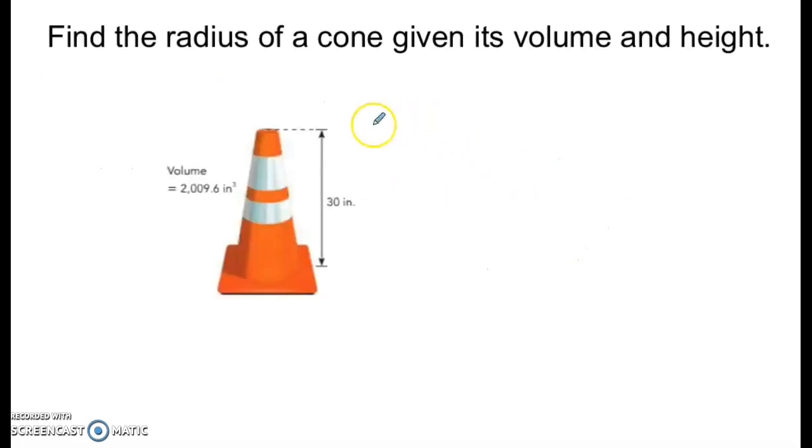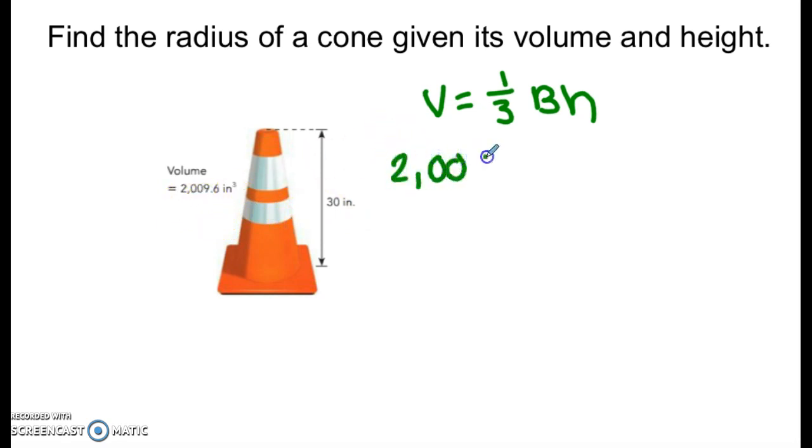Let's look at one more volume example. We want to find the radius of a cone given its volume and height. All right, so let's start with volume equals 1/3 base area times height. Remember, for a cone the base is a circle, so the base area is pi r squared. We're given volume, so plug in for V, 2009.6 equals 1/3 times pi.